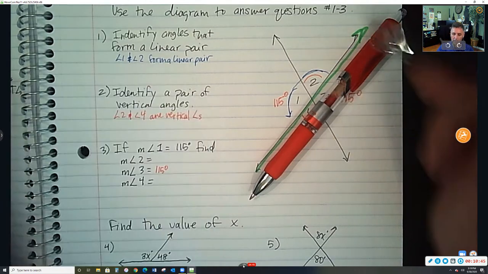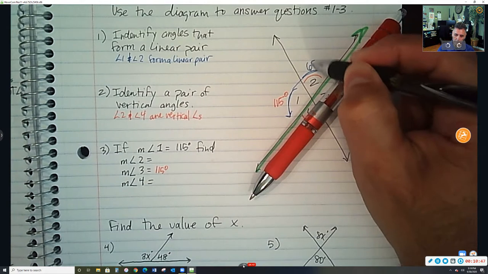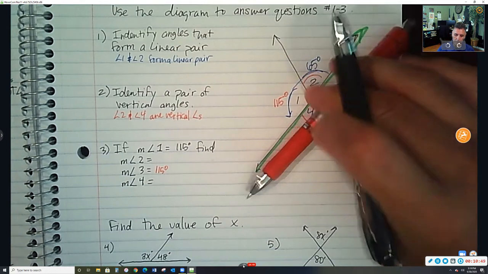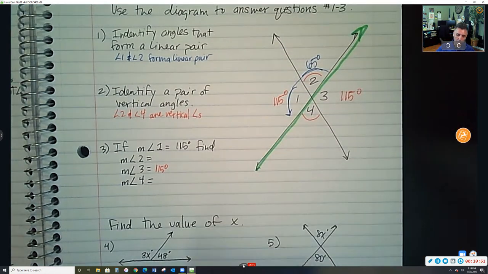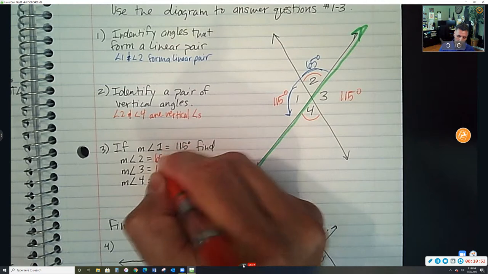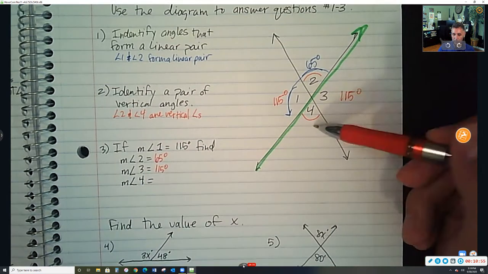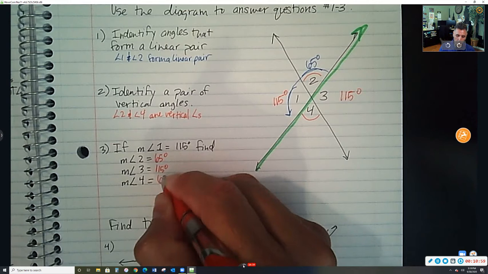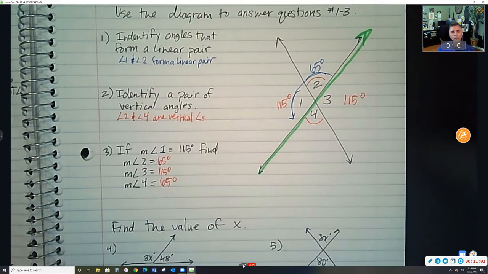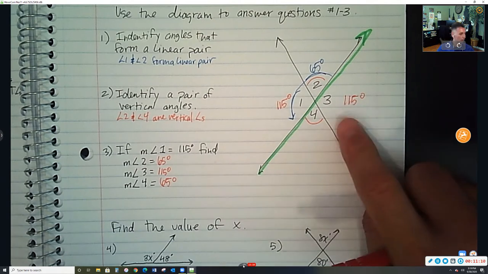I know this other side over here is 65 degrees. That's angle 2. So that's the measure of angle 2. And then again, these two are vertical, and vertical angles are congruent. So there we go. We got those. Hopefully that makes sense. We're going to do some of these today.